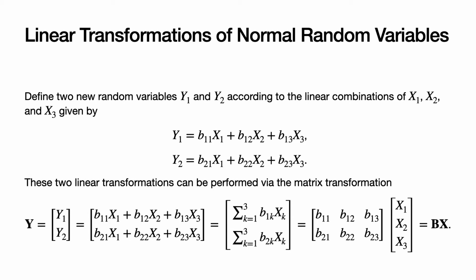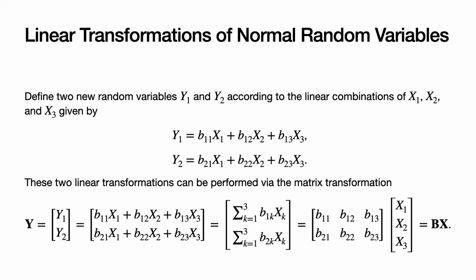Now, let's define two new random variables, y1 and y2, according to the linear combinations of x1, x2, and x3 that are shown here. So y1 is equal to b11 times x1 plus b12 times x2 plus b13 times x3.